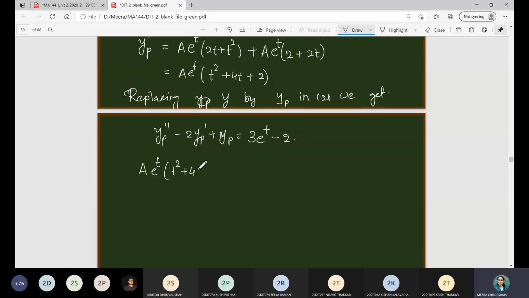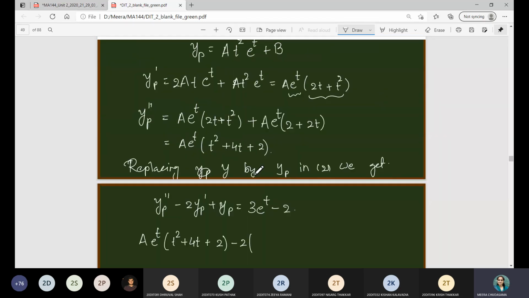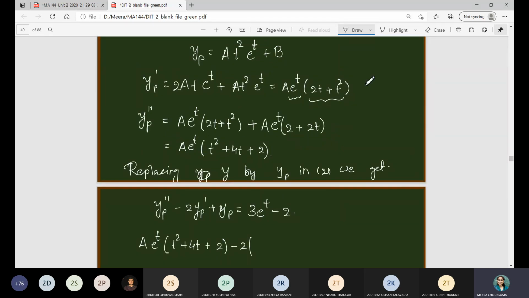T square plus 4t plus 2, minus 2 yp dash, so yp dash we have considered over here. So it is 2a e raised to t, 2t plus t square, and yp is plus a t square e raised to t plus b is equal to 3 e raised to t minus 2.